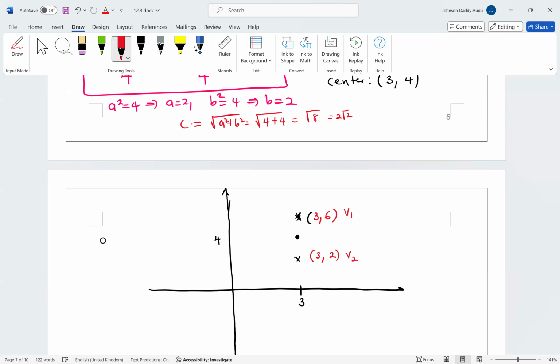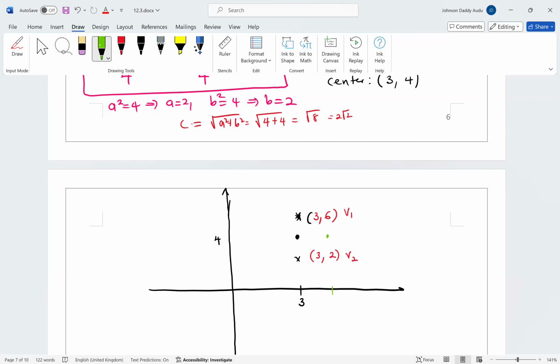Then you think of going sideways for the conjugate. The conjugate, if this is 3, remember our B is also 2. Sorry, you go 2 to the right.